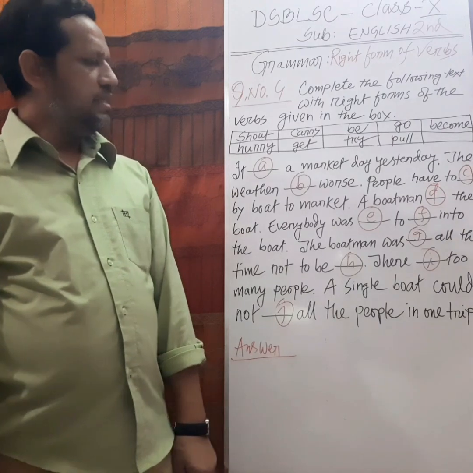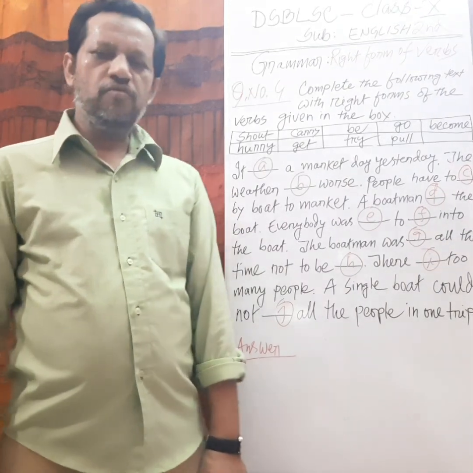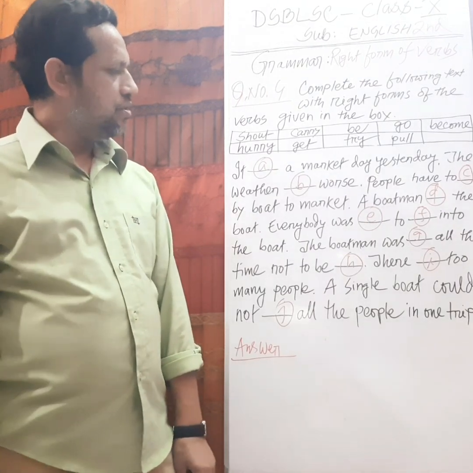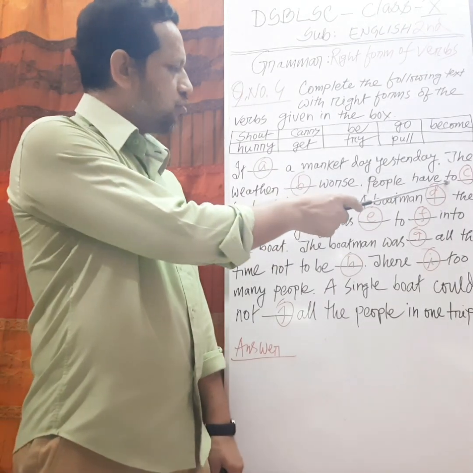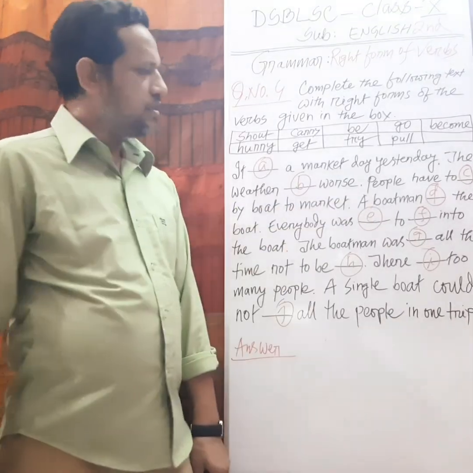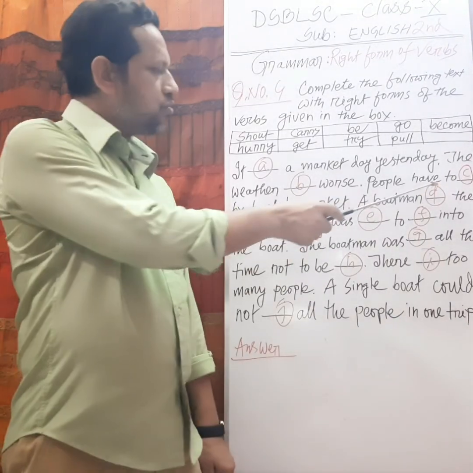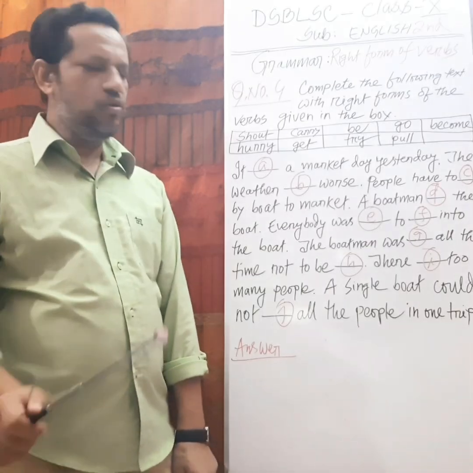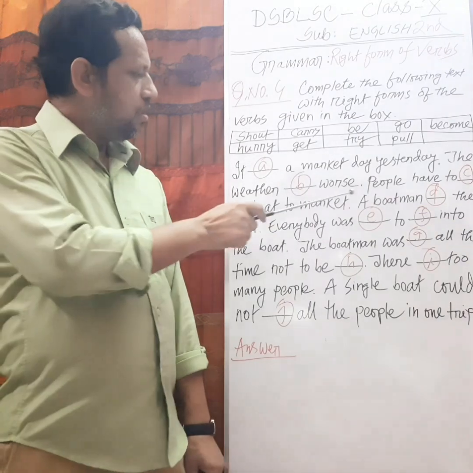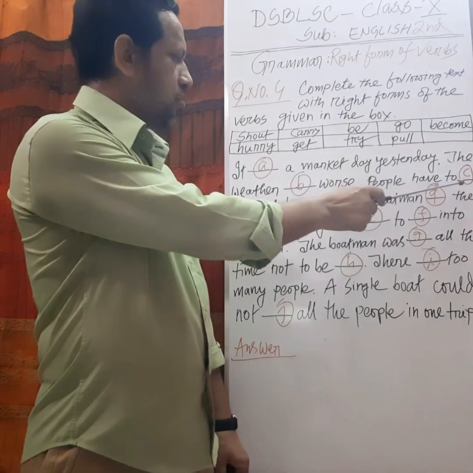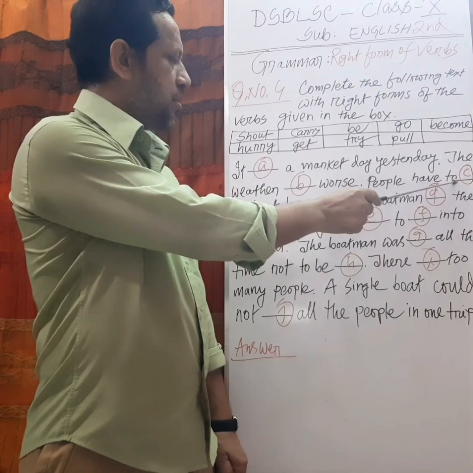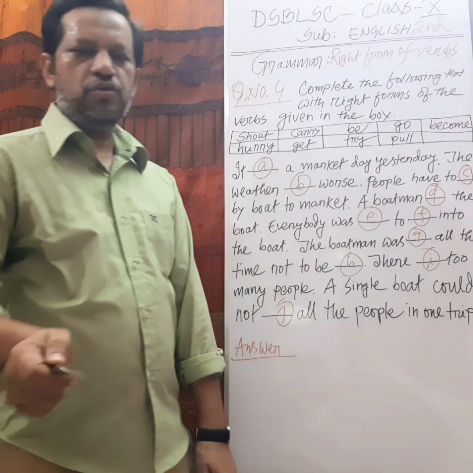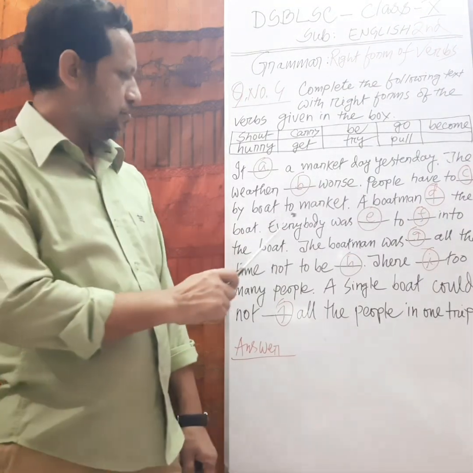So from this right form of verbs we can learn some rules. You have to remember that after to, my dear students, you know that to is a preposition, and after to you have to use V1 form. So people have to go. We have used V1 form here. So after to you have to use V1 form.